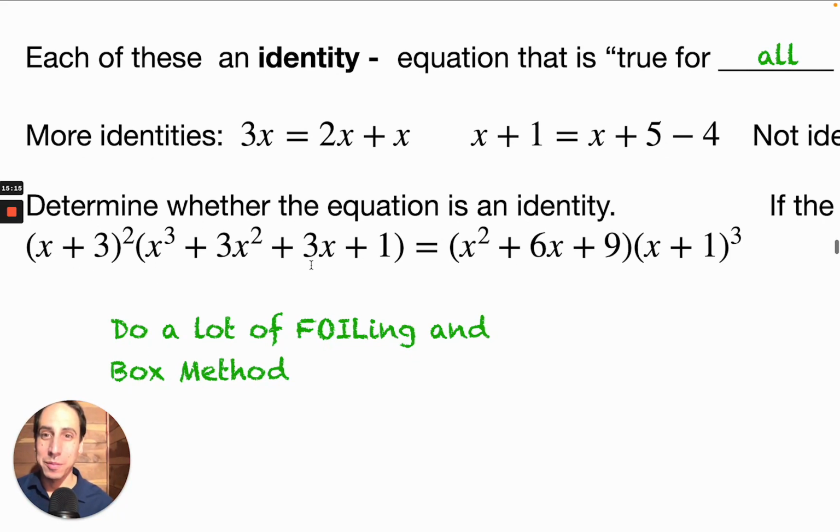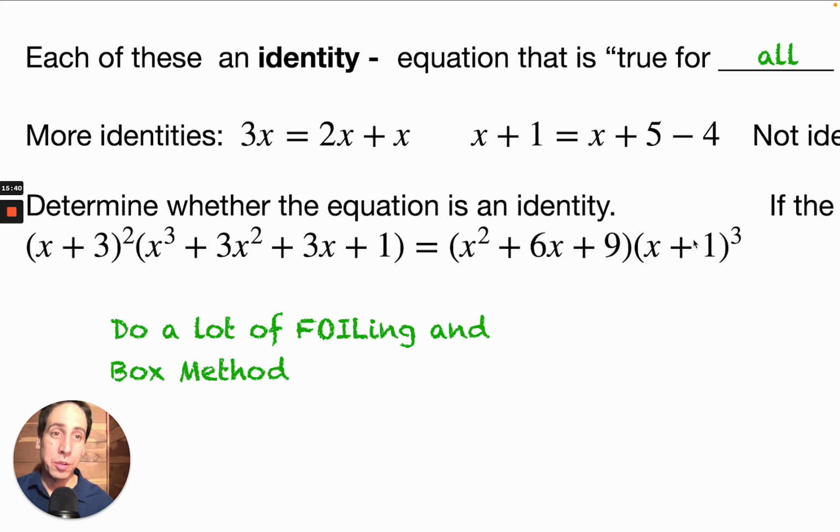I'm not going to do this, but I will say that you've got to do a lot of foiling and box method. You'd have to square this, and then once you get the result of this, you multiply by this in a giant 3 by 4 box and do the terms. And then here you can use your formula. You could turn this into x plus 1 cubed. We've got a formula that helps handle this, or not.